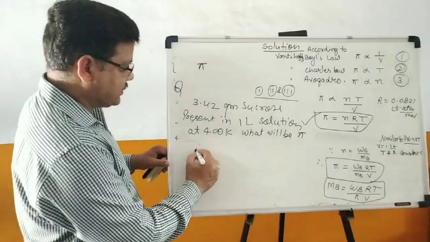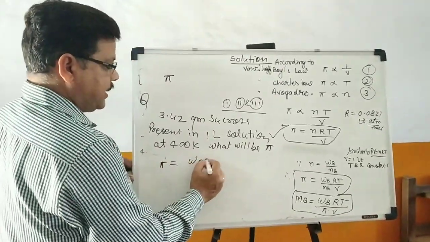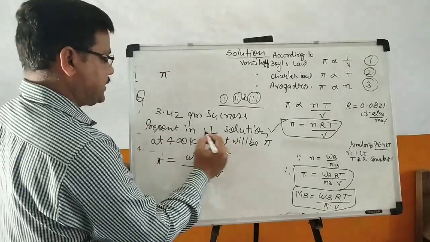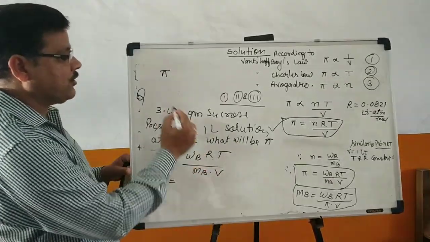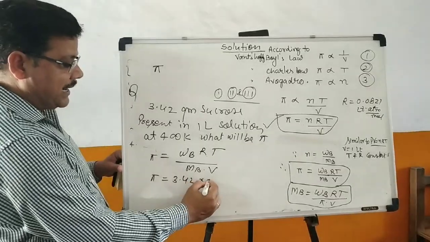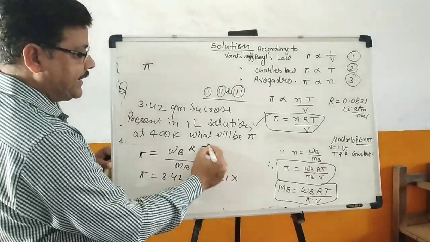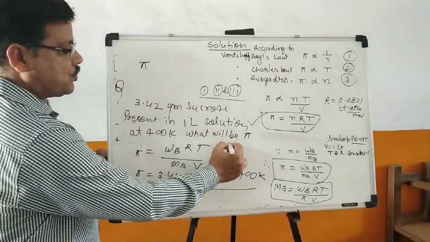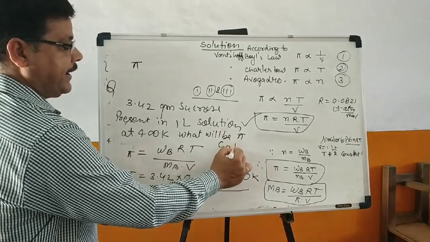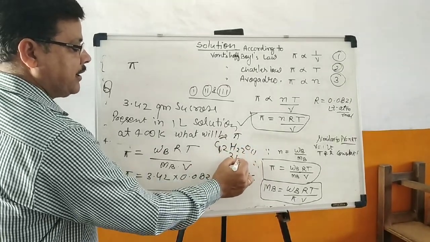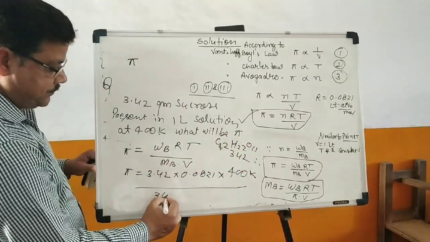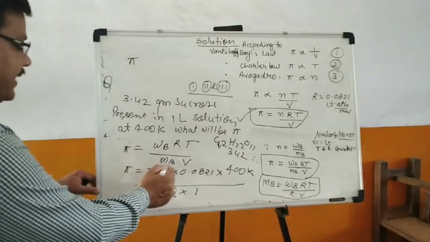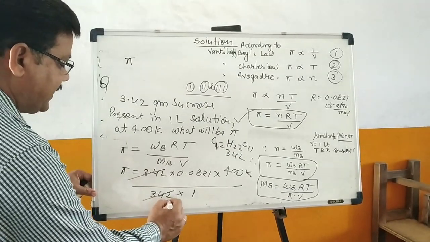You know, pi is equal to Ws RT upon Ms into V. For sucrose, pi is equal to Ws, weight of solute 3.42, R value 0.0821, temperature 400 Kelvin. Here Ms, sucrose formula C12H22O11, and molecular mass will come to 342. Volume is 1 liter. Now you solve and find out that this can be divided by 100.